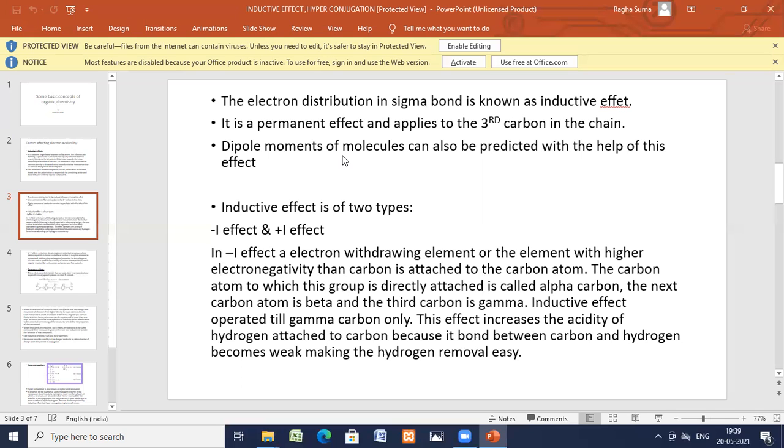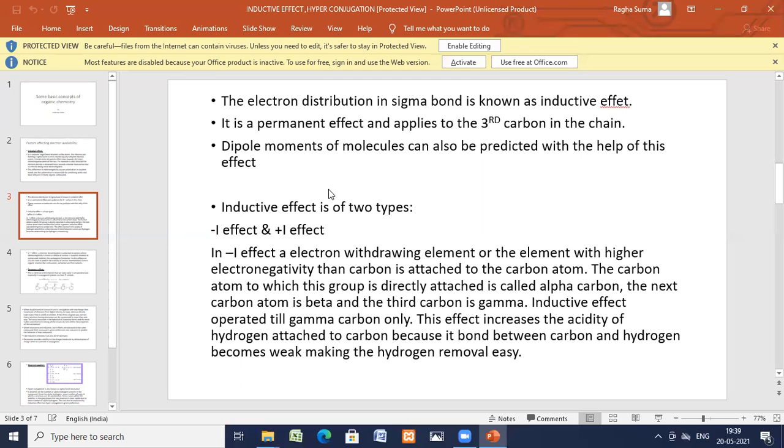I'm repeating. For example, if you take a butyl chloride, CH3, CH2, CH2, CH2, Cl. In the above example, chlorine is more electronegative than carbon 1, which is the carbon attached to the chlorine atom.